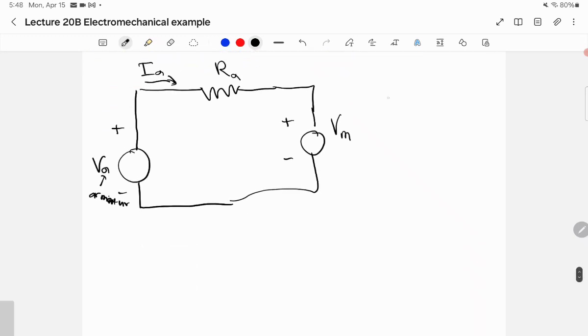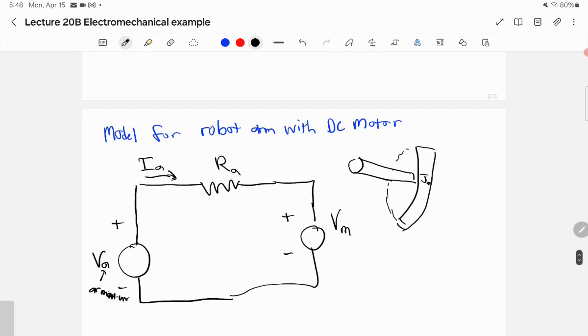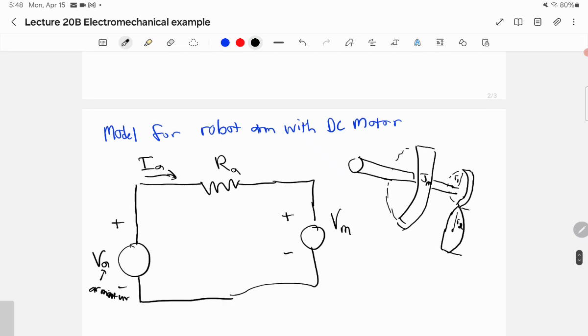Okay, and also this. So we have this nice little gearbox here.